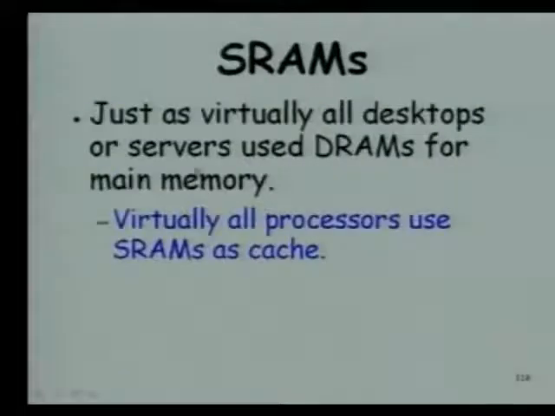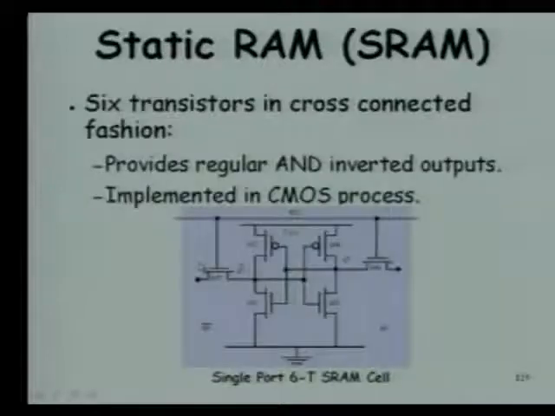And then we had said that just like the main memory is DRAM, the cache is SRAM, and we had seen that SRAMs have 6 transistors, a more sophisticated configuration than the DRAMs, and therefore here the access time and the cycle time are the same, and also you do not have to write back after every read as happens for DRAMs.